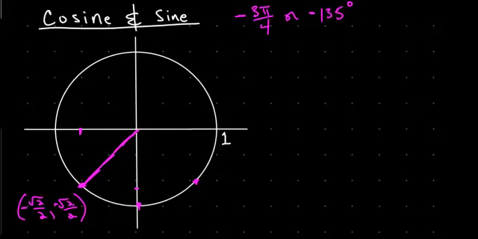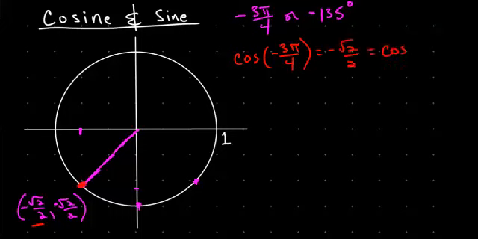Okay, so now let's find the cosine of -3 pi over 4. Well, we simply go to that point and we look at the x coordinate, and there's going to be a -√2 over 2, which is the same as had I written the cosine of -135 degrees. Okay?